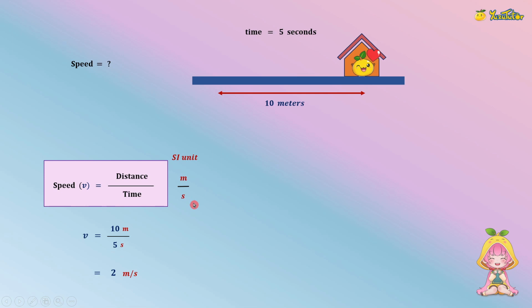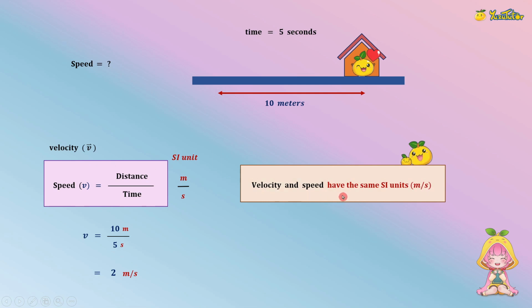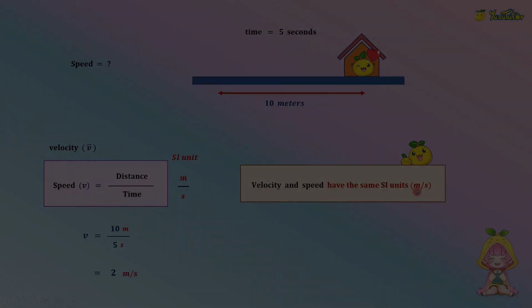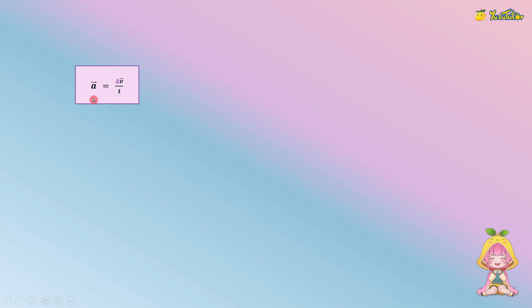After studying physics for a while, you will come across the term velocity. Velocity and speed have the same SI unit, which is meter per second, but there is a difference in meaning. Next formula, A equals delta V over T. A represents acceleration, V represents velocity, and T represents time.